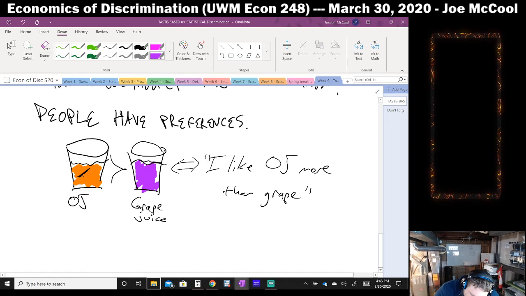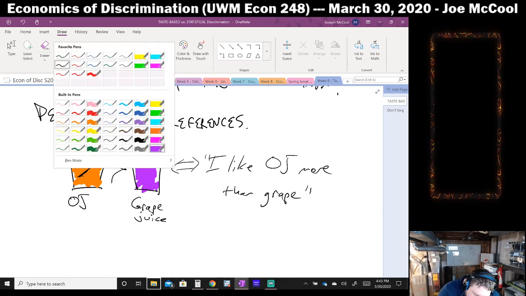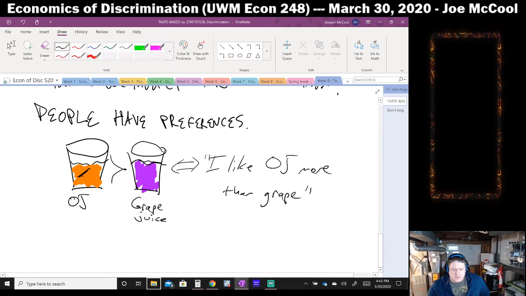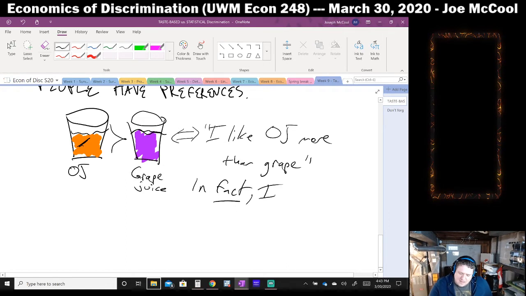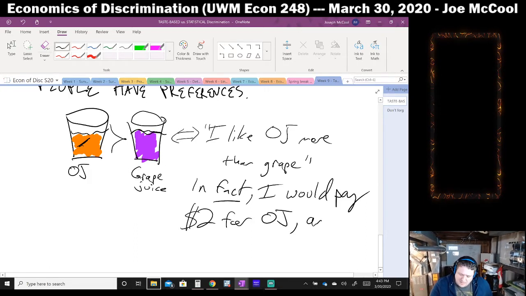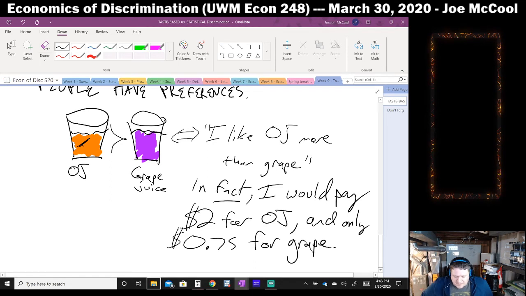Now it's glowing grape. All right. I like OJ more than grape. In fact, I would pay like $2 for a glass of OJ and only 75 cents for grape. Not a big fan of grape.